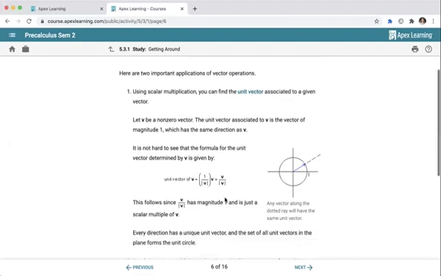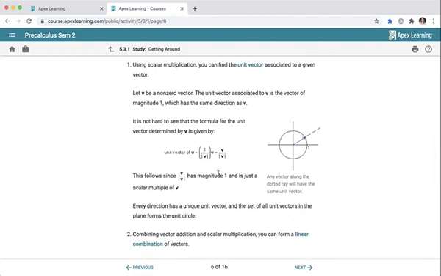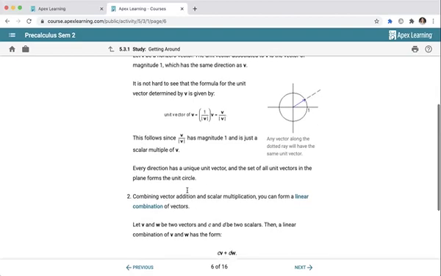And since it has a magnitude of 1, it's just a scalar multiple of our vector. Every direction has a unique unit vector, as we would think. This is a little bit different than our unit circle, because in our unit circle we had some of the points being similar.